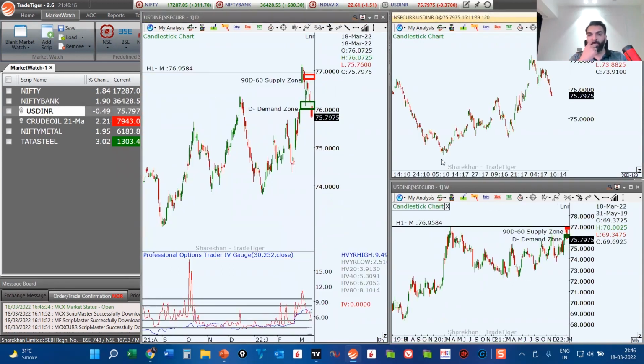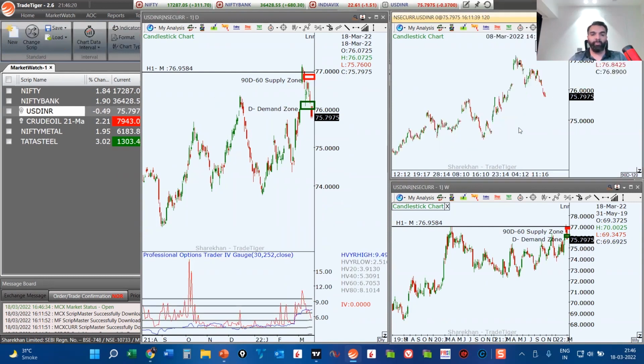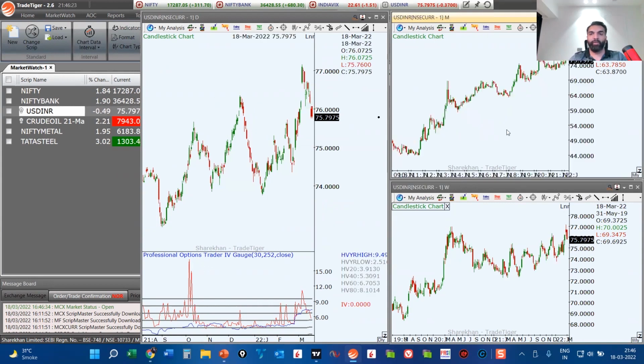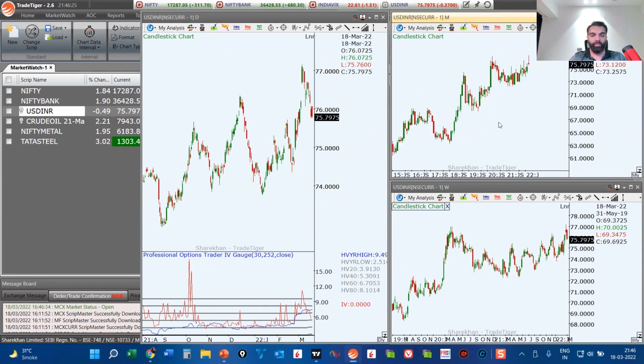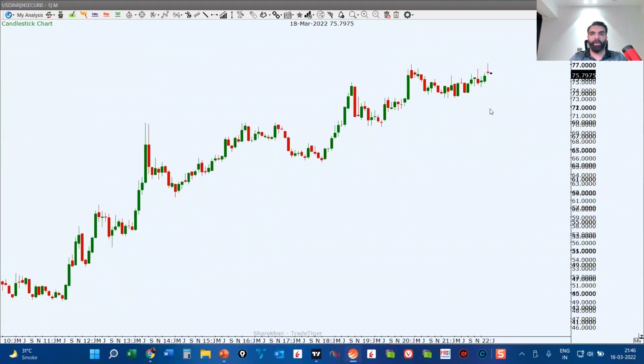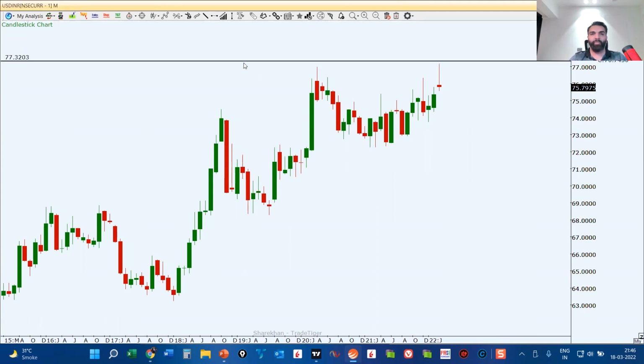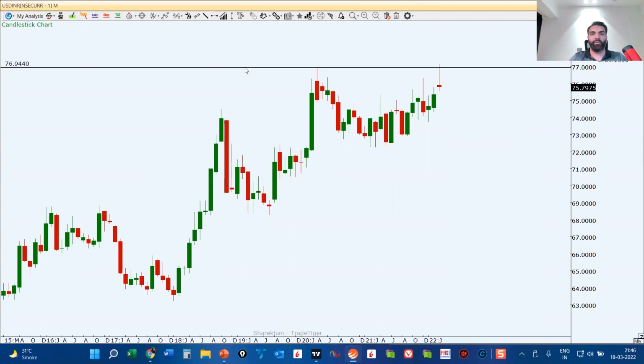The volatility has considerably fallen from the highs, and on the monthly chart, the prices are retracing after breaking this high over here, but are unable to sustain and close above the high, right? So this is more or less considered a fake out.